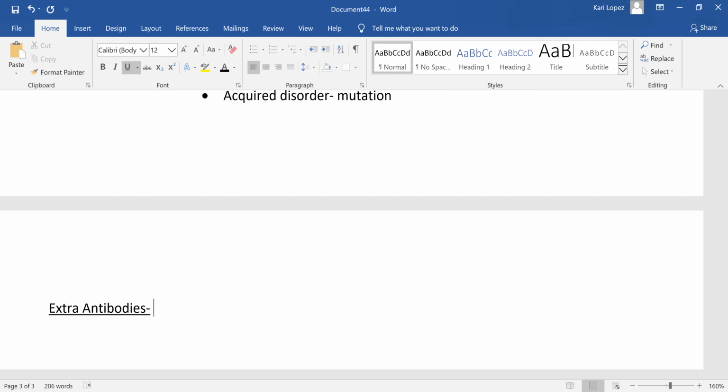You can get heterozygous group A and heterozygous group B, but you cannot get a homozygous group O child, and you can also not get an AB child because the other parent doesn't have an A or a B to offer.